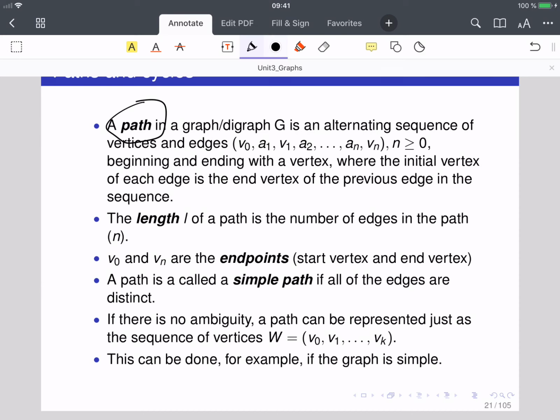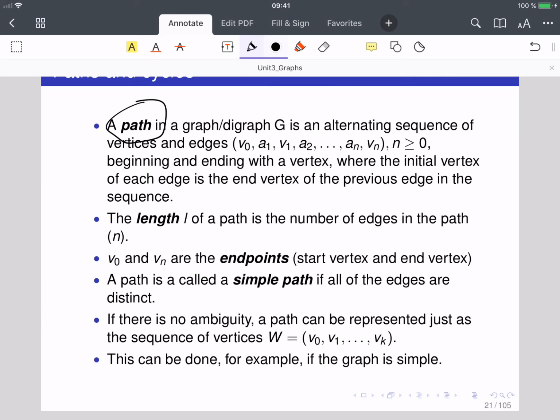For instance, when we are studying the ways in which we can move in a city or in a country, we can use a highway to go from one city to another, and then from the second city we can take a plane or a train to go to another city.